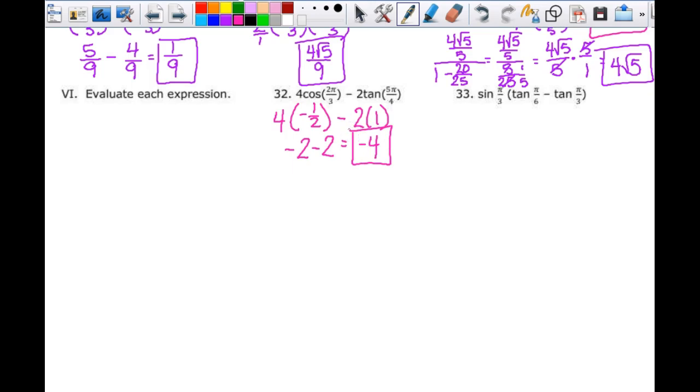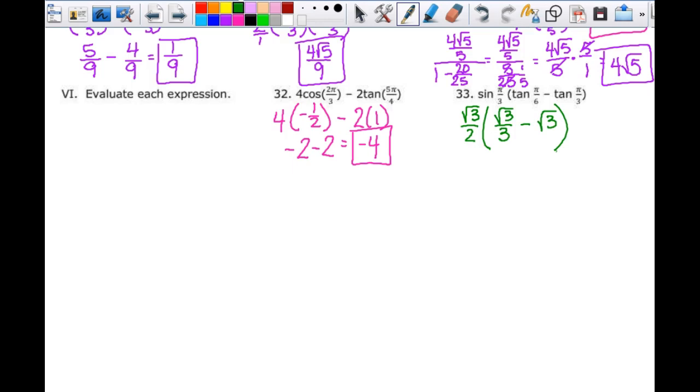Okay, and then here, sine of pi thirds is going to be square root of 3 over 2. Tangent of pi sixths is going to be square root of 3 over 3. Minus tangent of pi thirds, which is square root of 3. And then you can distribute if you want. I would combine before I distribute.